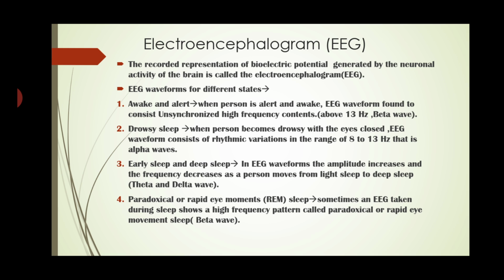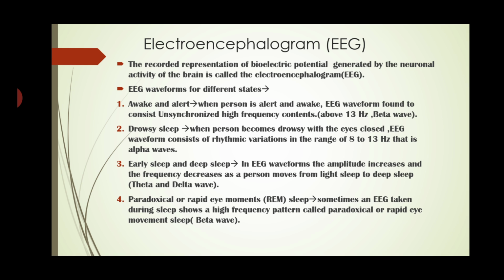In the EEG waveform, the amplitude increases and the frequency keeps decreasing as the person moves from light sleep to deep sleep, and during this time we get theta and delta waves, in the range 0 to 8 Hertz: 0 to 3 Hertz and 3 to 8 Hertz.